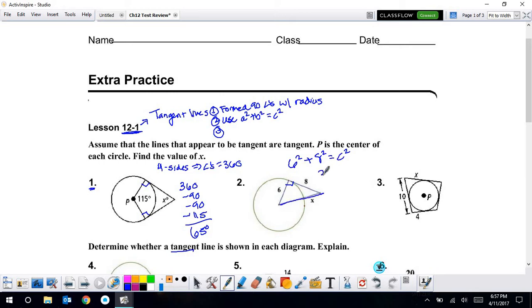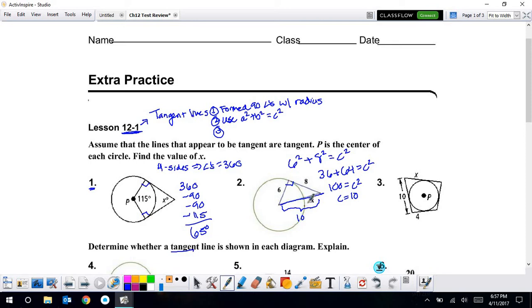So I've got 6 squared is 36, plus 8 squared is 64. 36 and 64 is going to be 100. So that's going to equal c squared. So that means the hypotenuse is going to be the square root of 100, which is just 10. So the whole hypotenuse is going to be 10.